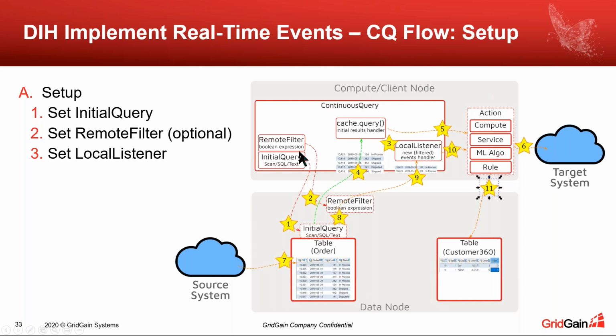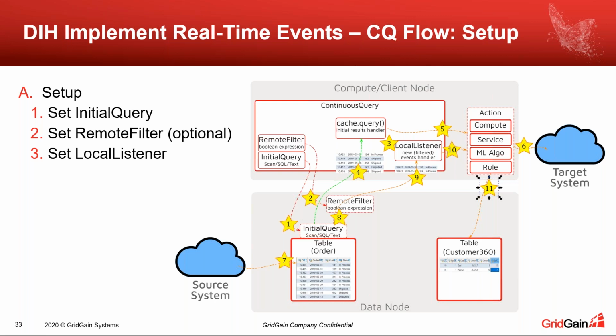You also, in step number 2, have the ability to define a Boolean expression. So while the initial query says, hey, I want all sales transactions that are new, that might get you the fields of interest, but you may then want to filter out even further from that list, passing an additional expression or logic to suggest what you want to do with that before you actually pass back to the third thing, which is the local listener.